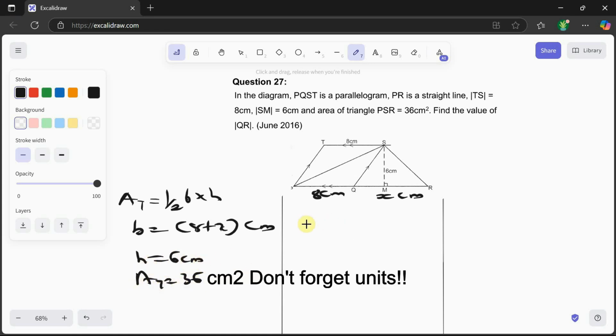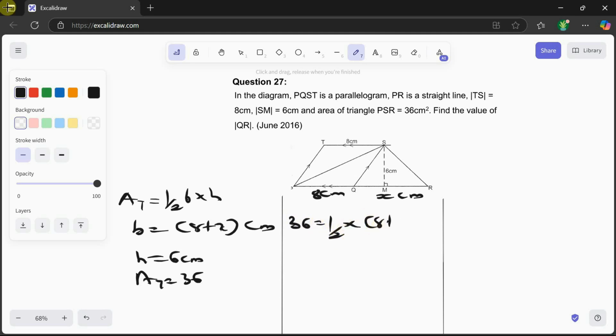Our area is given to be 36. So let's substitute. That will be 36 is equal to half times (8 plus X) multiplying 6. So 2 here 1, 2 here 3. So I have 36 is equal to 3 open bracket 8 plus X. I can divide both sides by 3. 3 will cancel 3, 3 will cancel 36, which gives me 12.